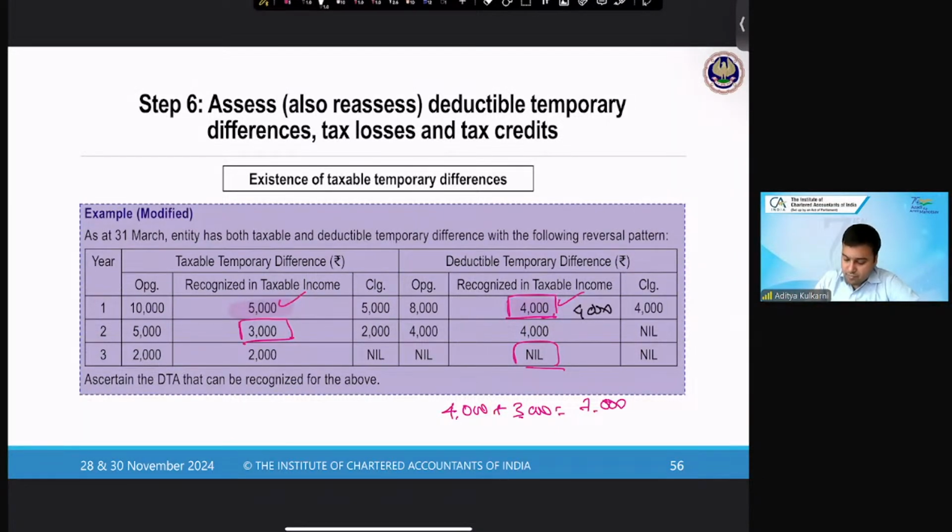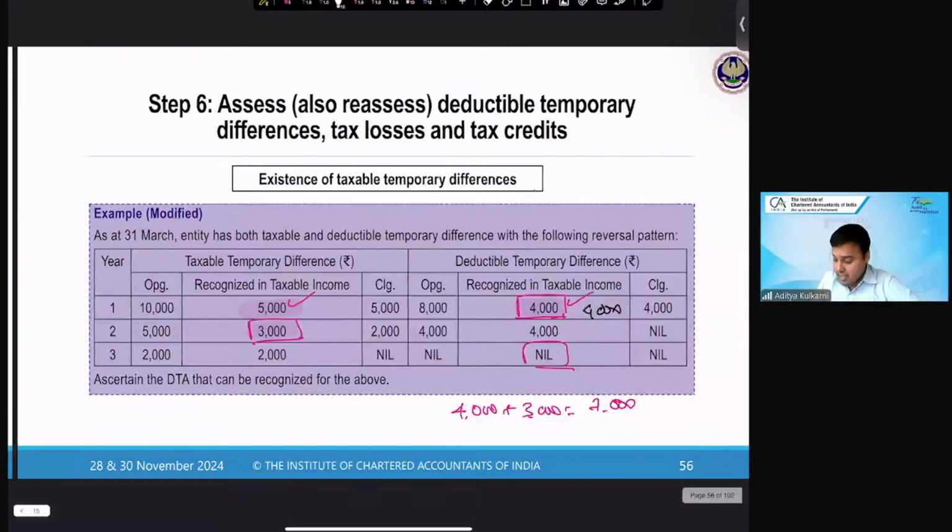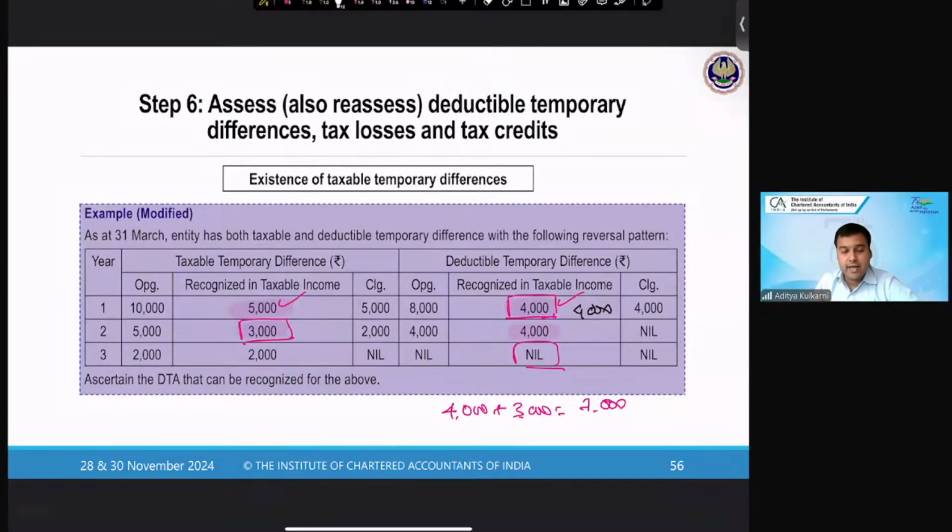Year 2, 3,000 taxable differences reversal, but deductible is 4,000. Do I have adequate? No, sir. 1,000 is short. So to the extent of 3,000 only, you can recognize the deductible temporary differences. That is what the standard tells, right?